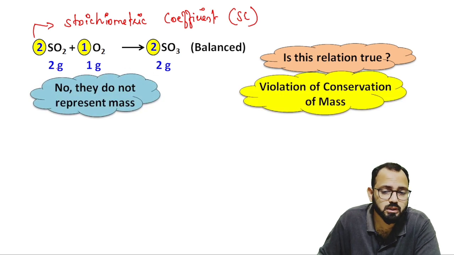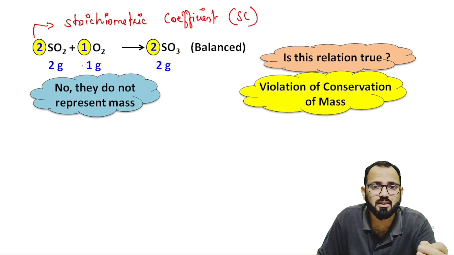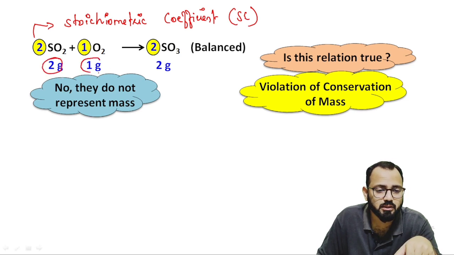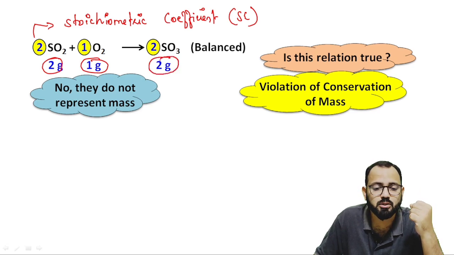Why? Because according to the law of conservation of mass, just now as I said, the mass of reactant should be equal to the mass of product. And here you can see that 2 gram plus 1 gram reactant is 3 grams already, but the product is only 2 grams. So the mass of reactant and mass of the product is not balanced. So it's a violation of conservation of mass.